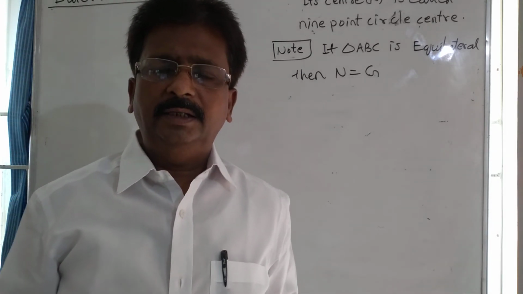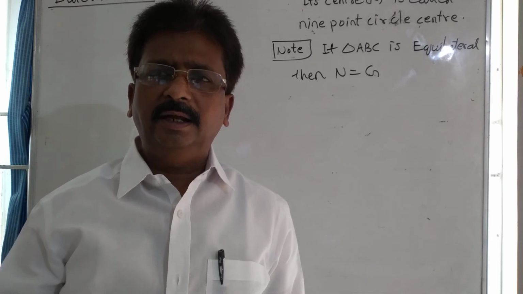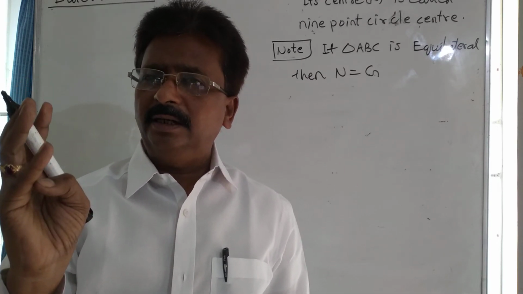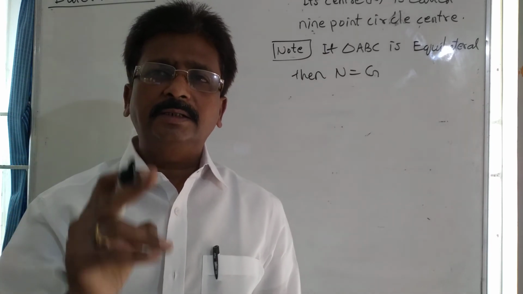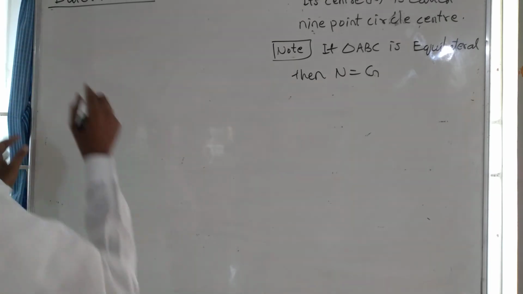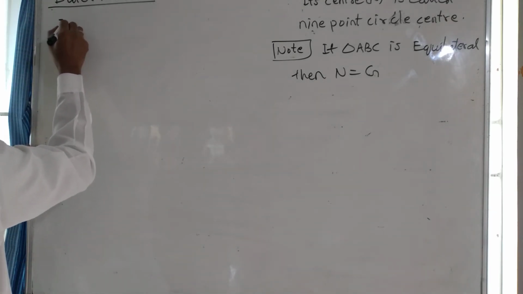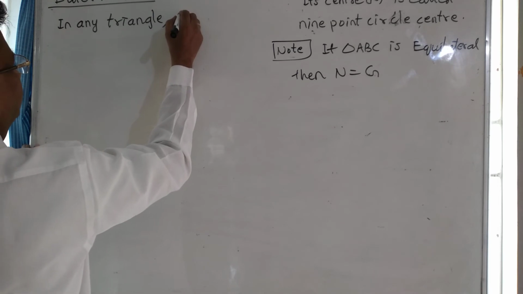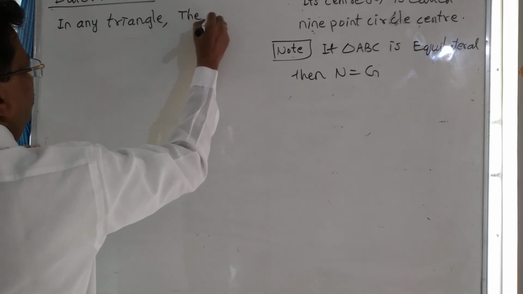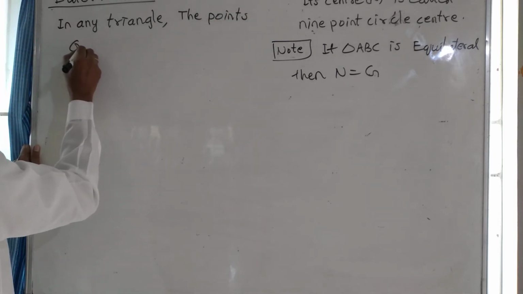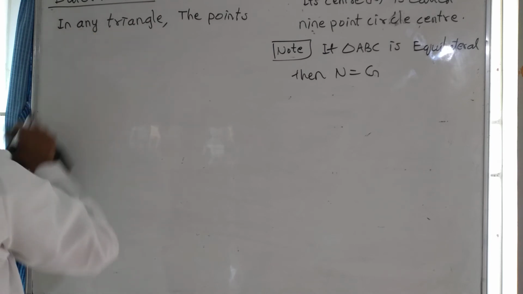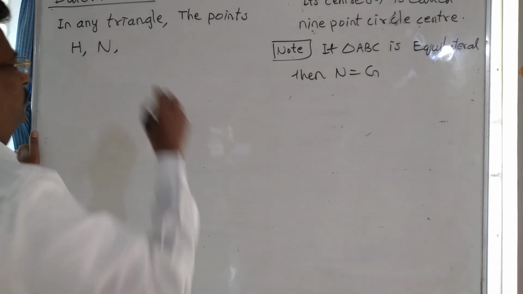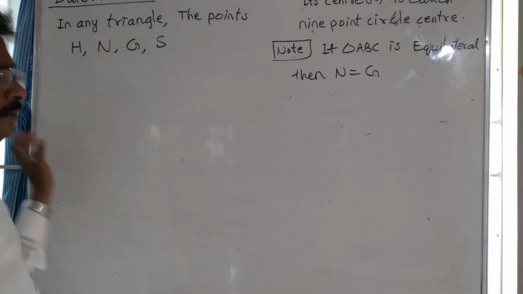Now in any triangle, either right angle or equilateral or scalene, let us identify the centroid G, circumcenter S, orthocenter H, and the 9-point circle center N. The points in any triangle: first orthocenter, next 9-point circle center, next centroid, next circumcenter.